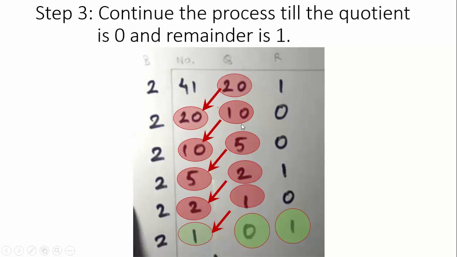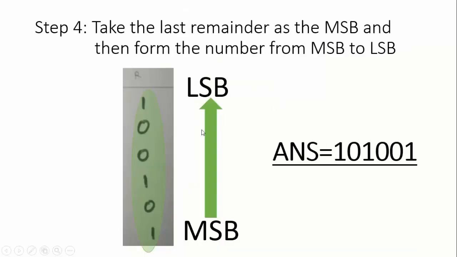So as you can see, we are taking the previous level quotient and we are dividing it by 2 to obtain a new quotient and a remainder. So we keep on continuing this until we reach this step where the quotient is 1. We take it down to the next level and we obtain a 0 as a quotient and 1 as a remainder. So this one is our MSB and this one is our LSB.